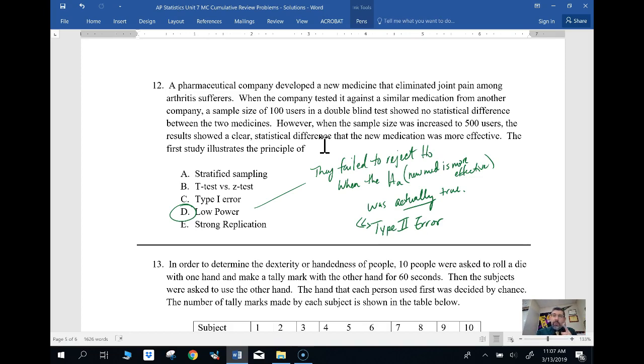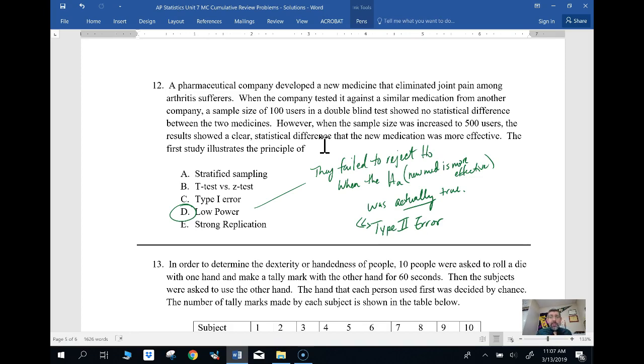Let's move on. Now what happens when we increase the sample size? Anytime you increase the sample size, you decrease type 1 error, you decrease type 2 error, and you increase power. So right away, with increasing the sample size, we're increasing the power of our test. Well, it said that the results showed a clear statistical difference, that the new medication was more effective.